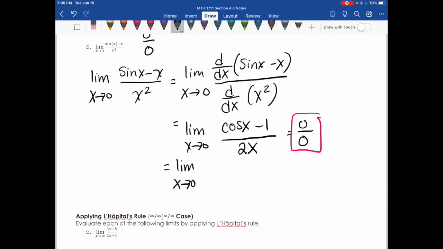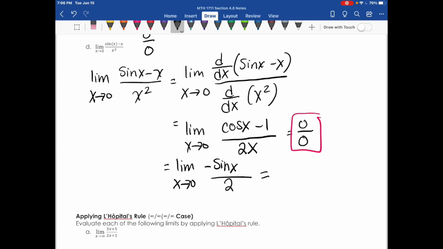I'm going to say, well, this is equivalent to the limit as x approaches 0, and now take the derivative of the top again. When I take the derivative of cosine x, that gives me a minus sine x. When I take the derivative of minus 1, that's a constant, so it disappears. And then when I take the derivative of 2x, I get 2.